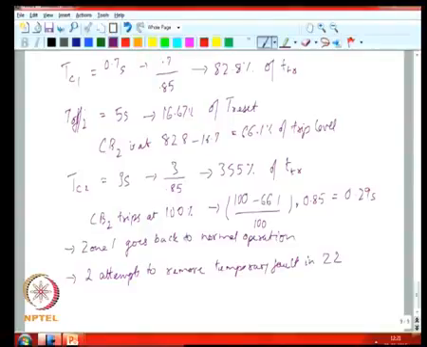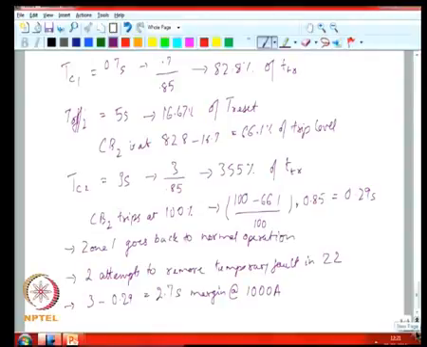And if you look at the margin, you have 3 seconds minus 0.29 seconds, you have 2.7 seconds of margin at 1000 amps current level. Okay.